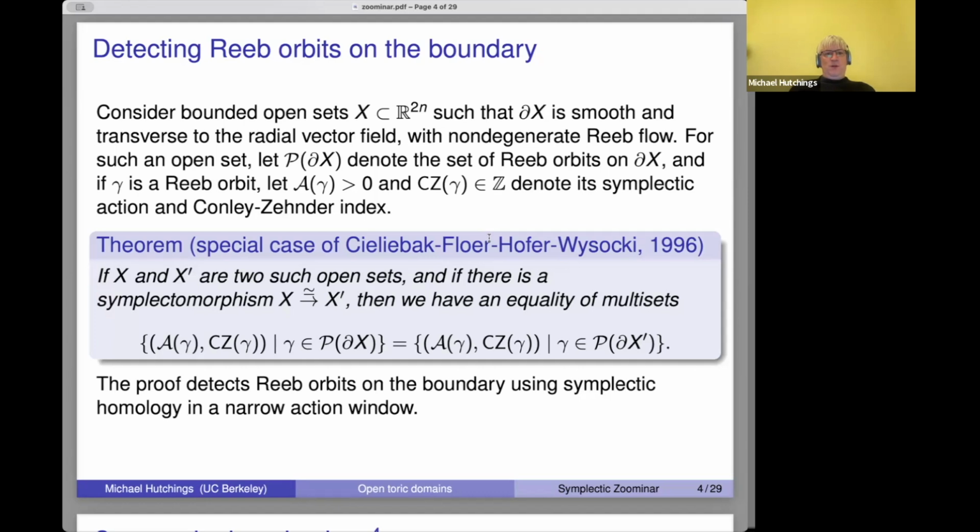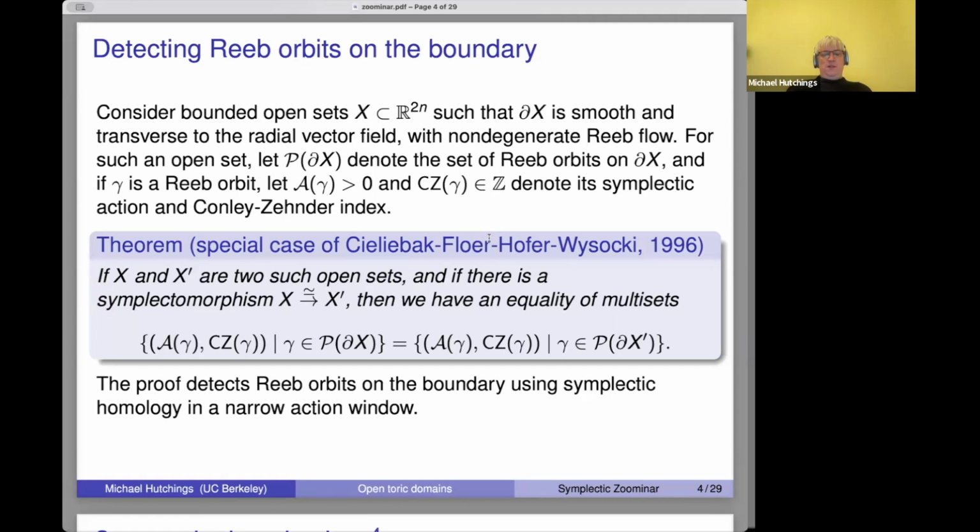If gamma is such an orbit, then it has a symplectic action, A of gamma, which is its period under the Reeb flow, or equivalently the symplectic area of a disk in R^{2n} whose boundary is gamma. It also has a Conley-Zehnder index, which is an integer. Here I compute it with respect to a global trivialization of the contact structure on the boundary of X, which I can find since it's just a sphere.